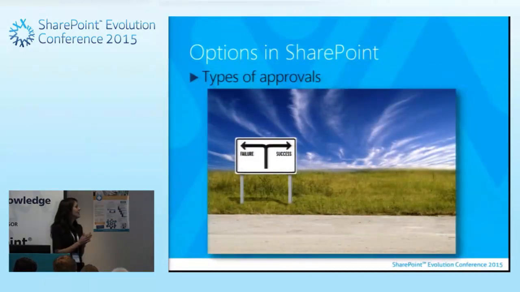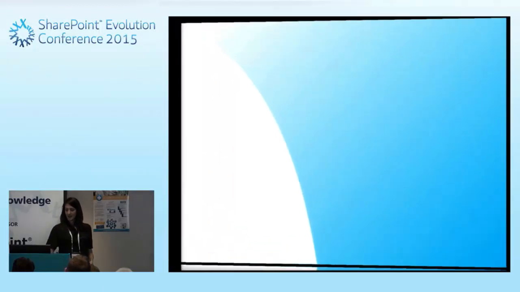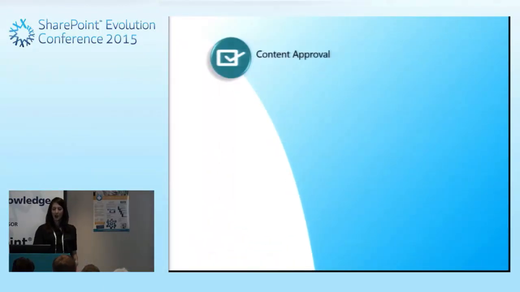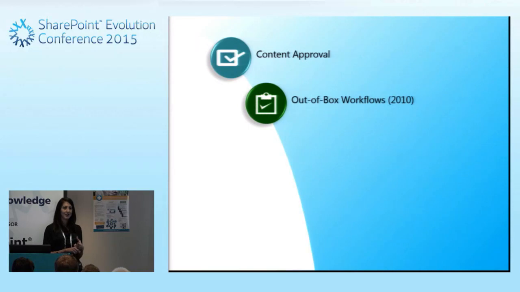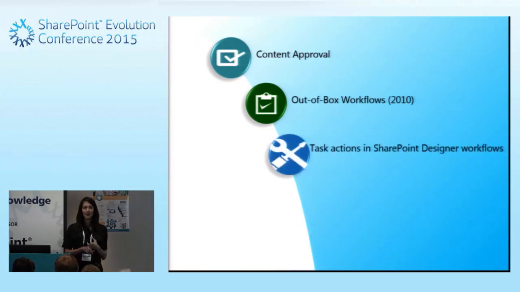All right, so now that we've talked about a lot of these requirements and common scenarios you'll come across, we're going to talk about the options that you have in SharePoint, starting from the most simple to the more complex. Our options are going to be content approval as the easiest, most simplistic.